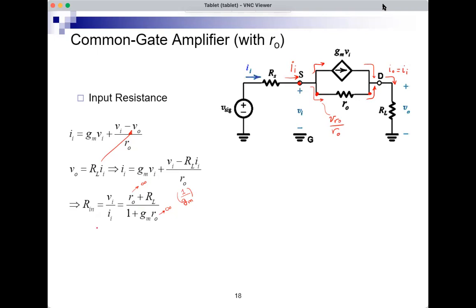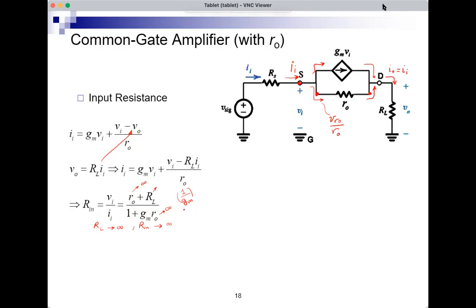But say RL is of the order of GMRO times some factor. And as RL goes to infinity, say, what happens to this? Actually, this input resistance, which we said would be small, if RL goes to infinity and RO is some, say, 50K, 100K, and this is 30, 40, the whole thing would go to infinity.